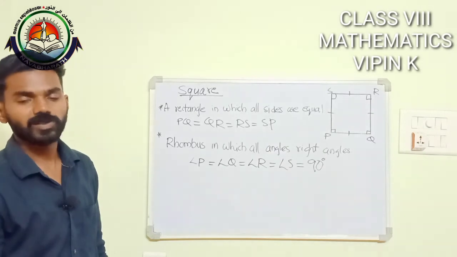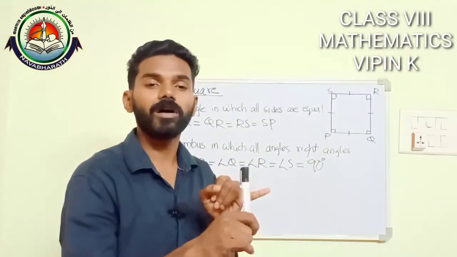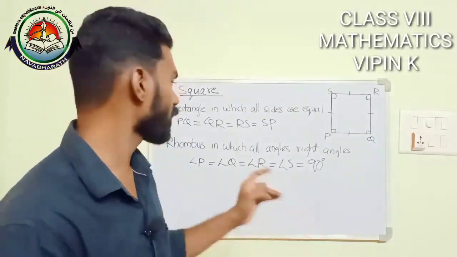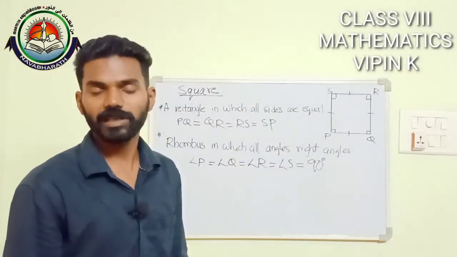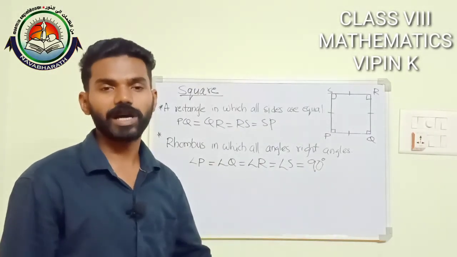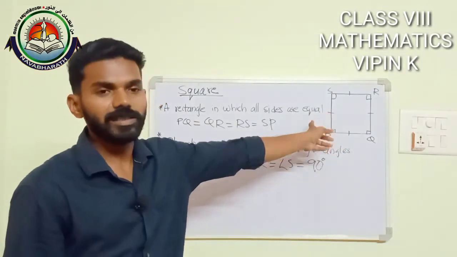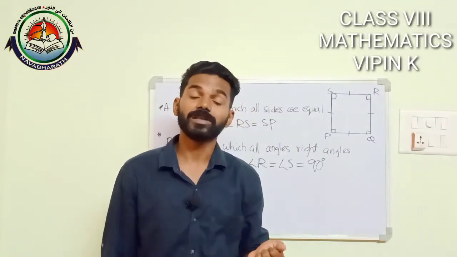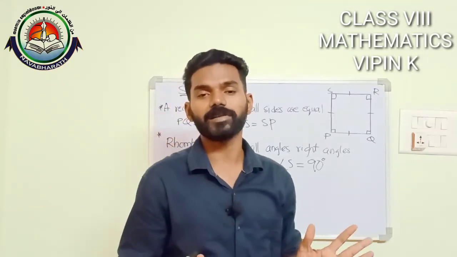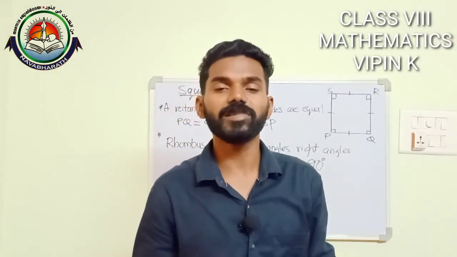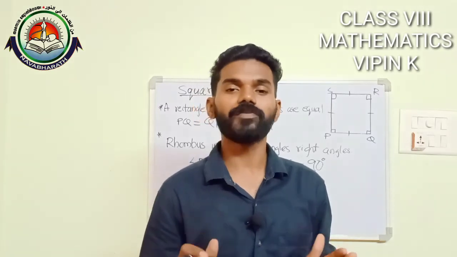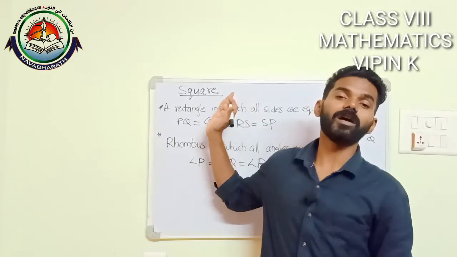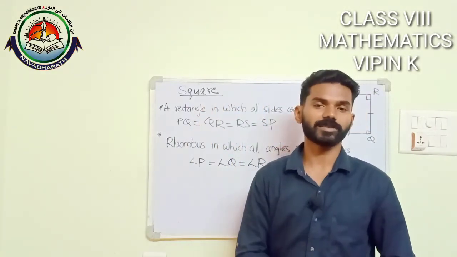Clear? So a square has all the properties of a rectangle as well as all the properties of a rhombus. In addition to that, one more speciality is that all the sides are equal. So that's all about the different types of quadrilaterals that we have discussed today. All of you must be well aware of the features of all these types of quadrilaterals.